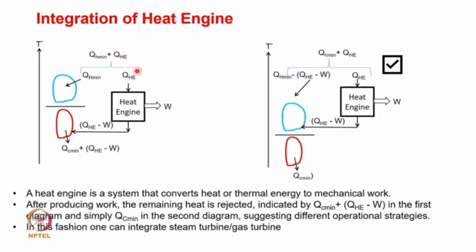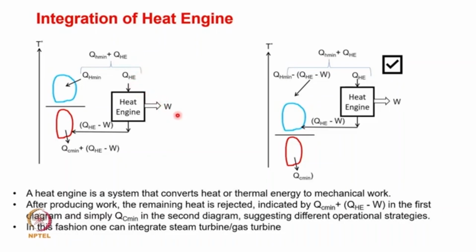What's the advantage here? The heat engine uses some of this energy, and of course you can produce useful work, and the remaining would be transferred back. And what is the sequence in which you can put the heat engine? One way to put the heat engine across the pinch essentially means that it takes the heat QHE from the hot utility.